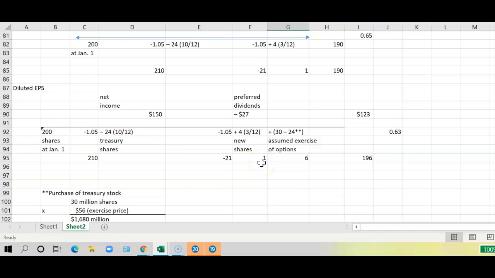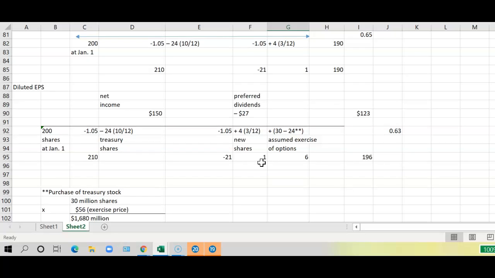Now they gave us the assumption that all stock options were outstanding for the entire year of 2021.